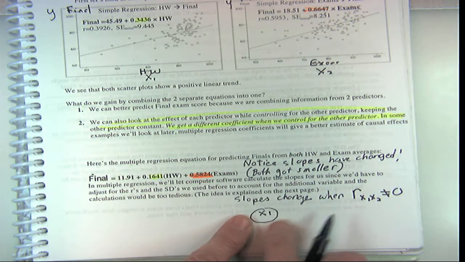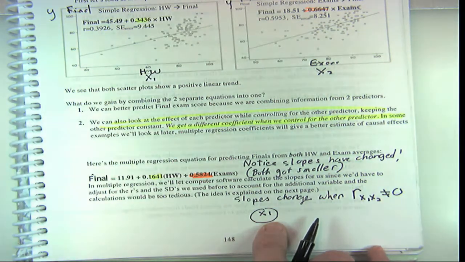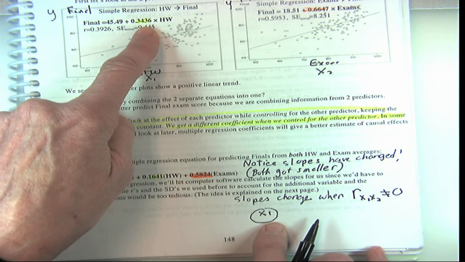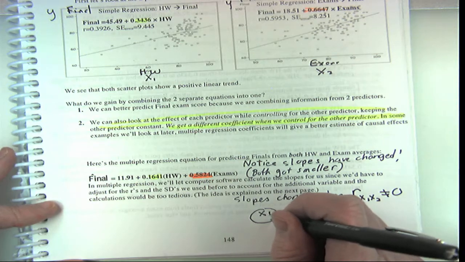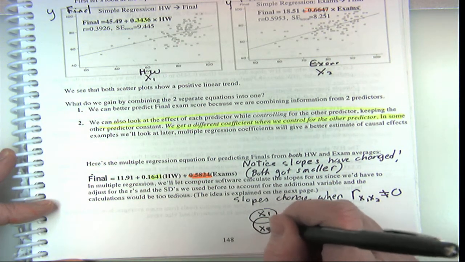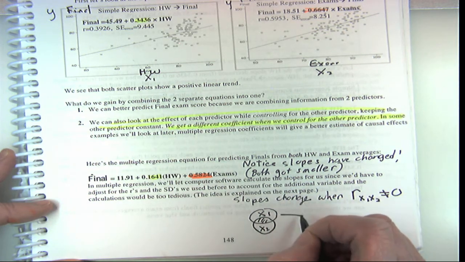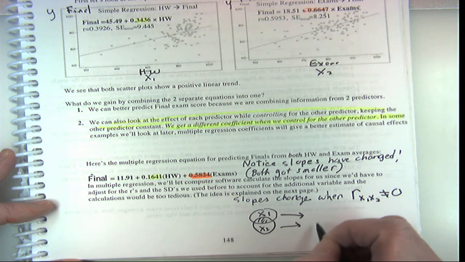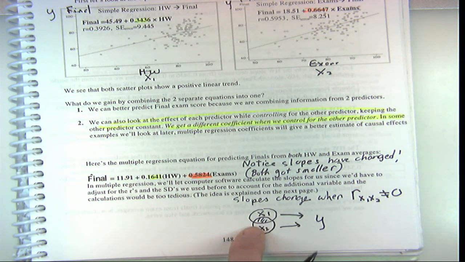In the simple regression, some of this slope, the 0.3436, is actually due to the effect of exams and vice versa. So you can think of them as sort of an overlap with this part here. And they're both predicting y. So you don't want to double count them, basically.